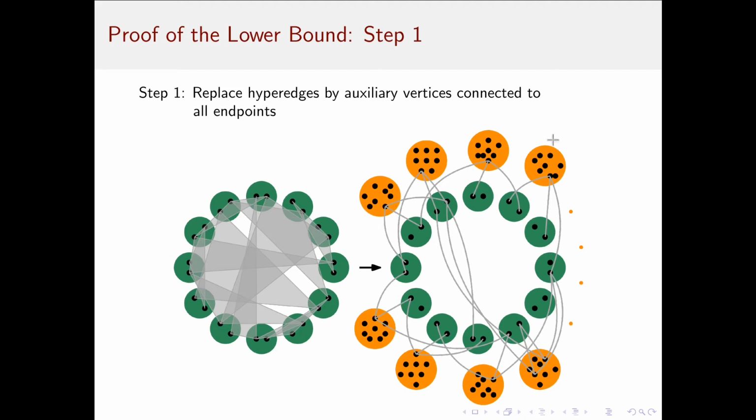And to do that, for each triple of vertex groups in our colored hyperclique instance, we're going to start a new vertex group in our new instance here. This new vertex group will have one node for each hyperedge, which was connected to exactly one node from each of the vertex groups here.